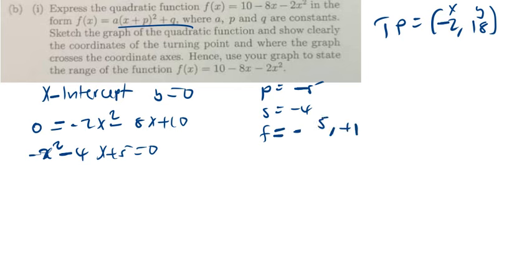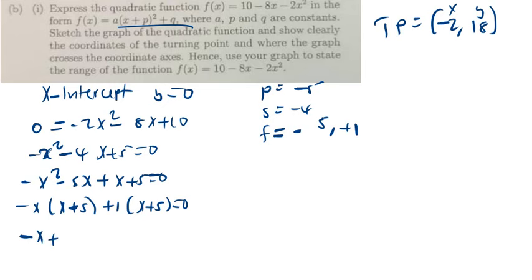So have negative x squared minus 5x plus x plus 5 equals 0. Factor out negative x, you remain with x plus 5. Here factor out 1, x plus 5 equals 0.